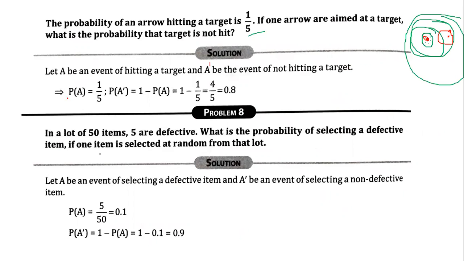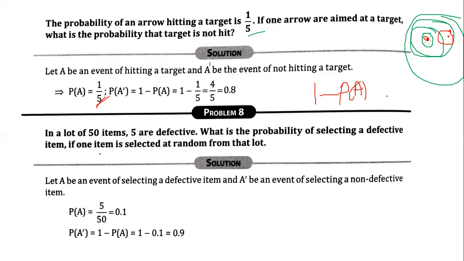So the probability of hitting the target is 1 by 5, this is given in the question. We have not specially found it out, it is directly given in the question. Okay, then what is the transpose of it? Transpose is nothing but 1 minus P of A.